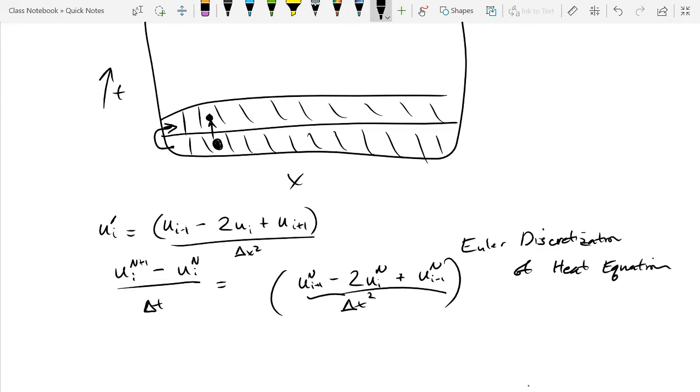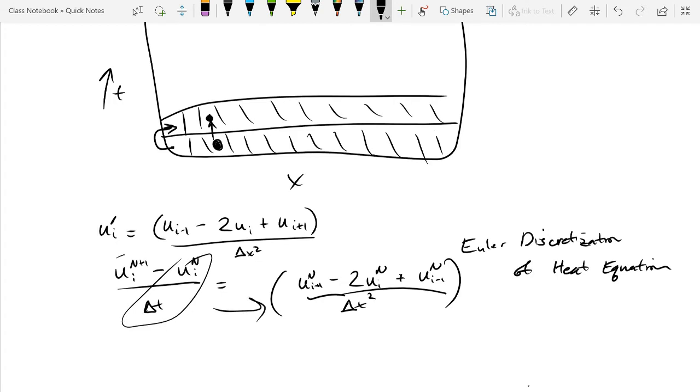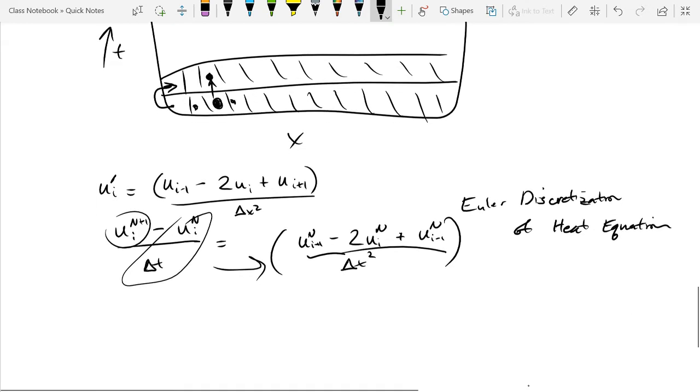The reason why this is done in class is because it gives you a very simple way to say, if you move this guy over, this tells you exactly how to calculate this guy from these three guys. This is the Laplacian, a 3-point stencil for how to use three points to compute one forward.